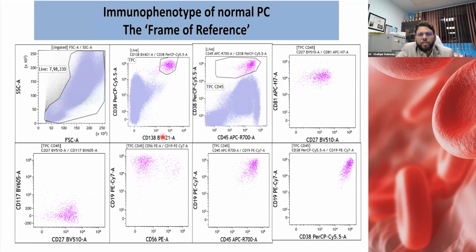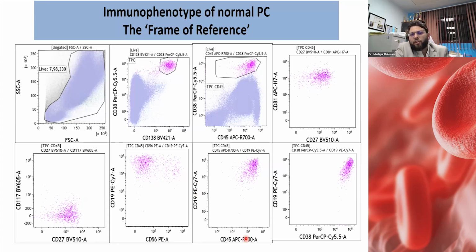cytometry. So just to give you an example, these are the normal plasma cells, 38, 138 positive. They are dimmer as compared to these lymphocytes. They are positive for 81, positive for 28, negative for 117, mostly negative for 56, but you can see some small amount of 56 over here. We will see later whether these are normal or abnormal.